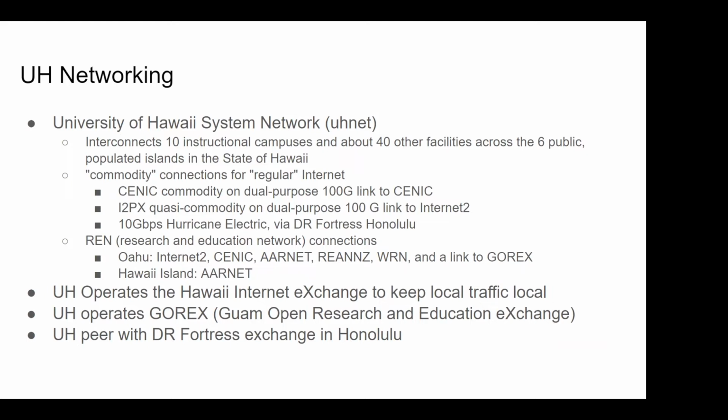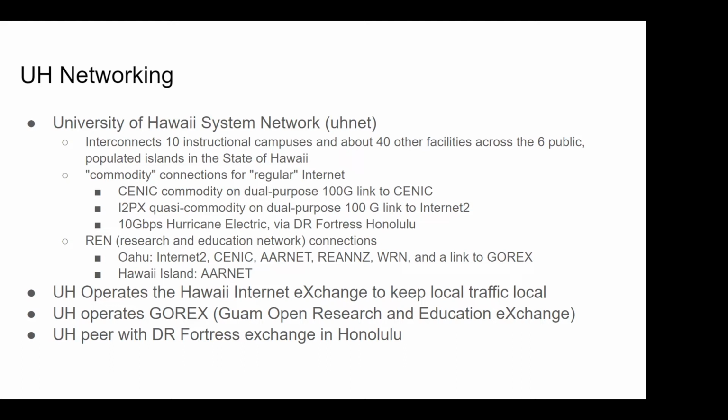We have a quasi-commodity through Internet2, which you probably have heard of, I2PX, where the commodity stuff tends to be things that have been deemed beneficial to be very reachable for research and education, but they're not exactly research and education resources. And then lastly, we have a 10 gigabit connection to Hurricane Electric via DR Fortress, where we can get your Yahoo and your Burger King.